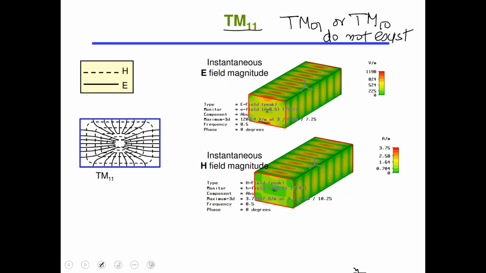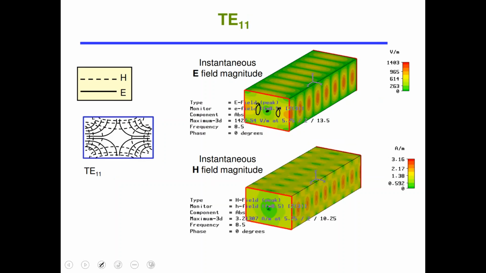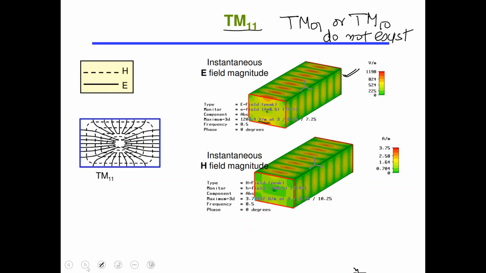And the difference, the electric field variation, if you notice in the TM mode, TM11 mode is very similar to TE11, at least in its distribution, except it has switched by 90 degrees. So you have larger electric field over here versus on this side.